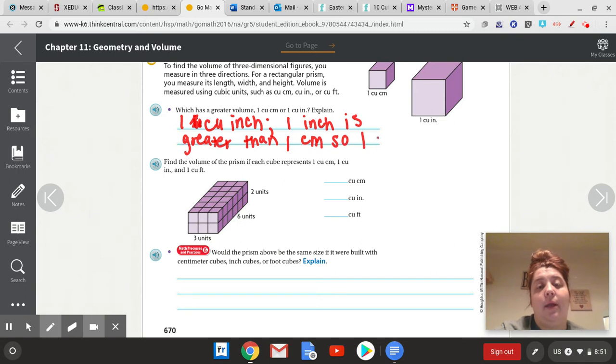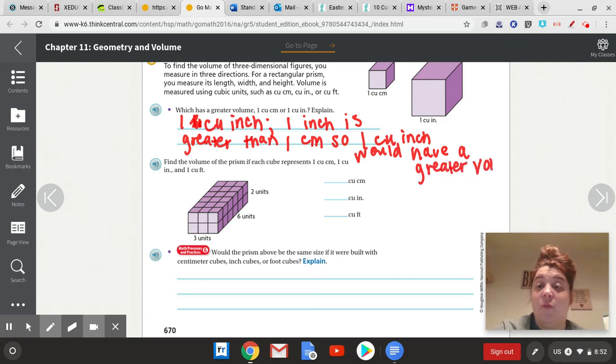So 1 cubic inch would have a greater volume. So they may both be worth 1, but when you start working in the actual measurements like centimeters and inches, you have to think about that.